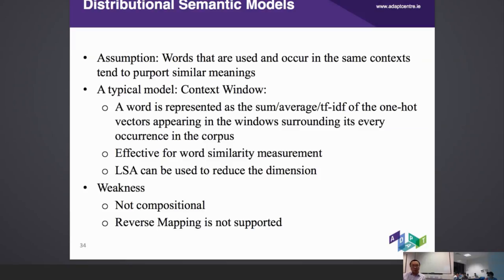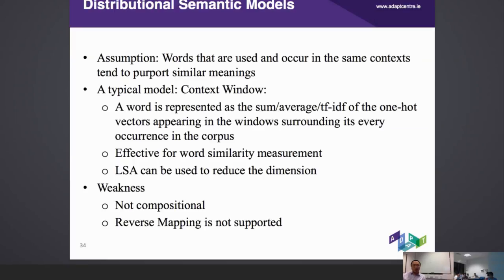To solve this problem, there are some different ideas. Before we had deep learning in NLP, we used another technique called distributed semantic models. The assumption is that words that occur in the same context are similar. So we try to use the context information to represent a word.